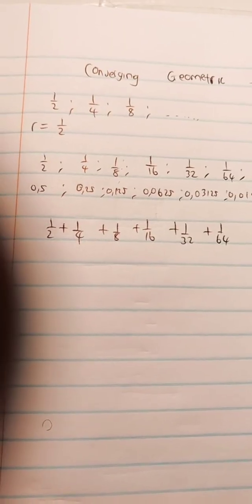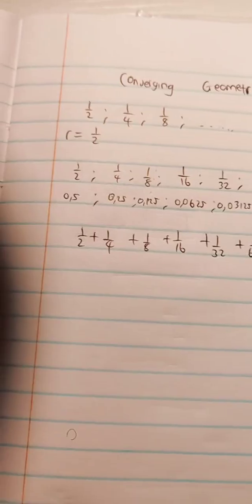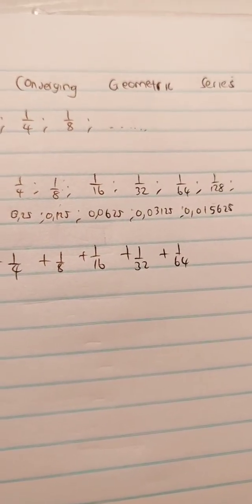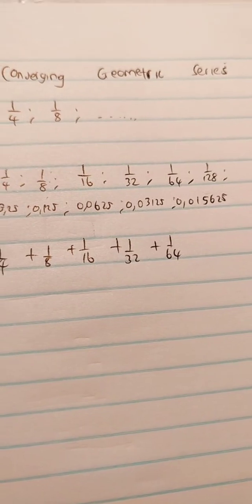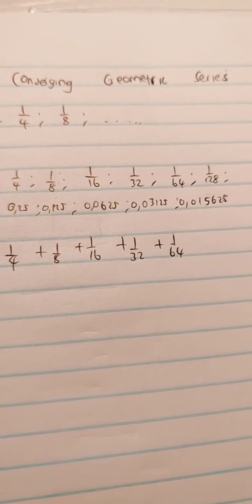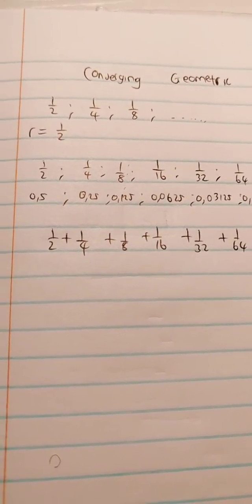If we consider the same terms in a series this time round, however many terms we seem to add together, those terms will always be less than 1.